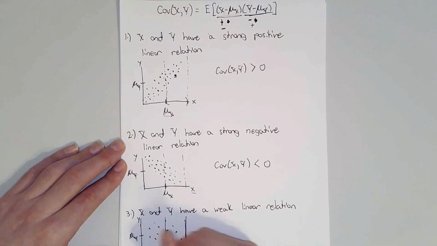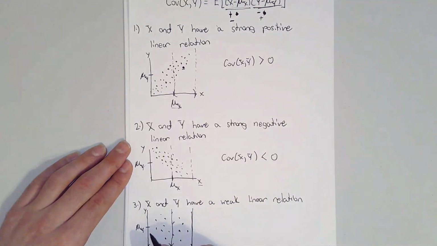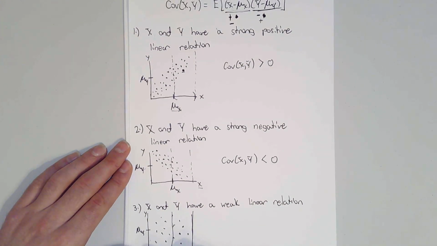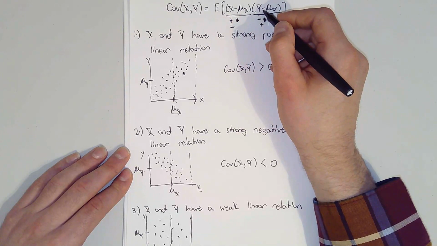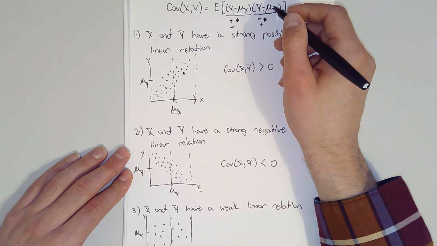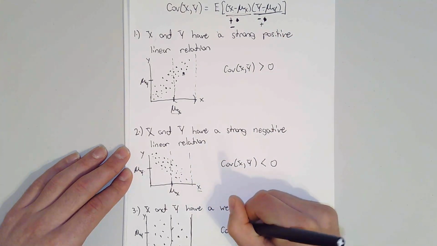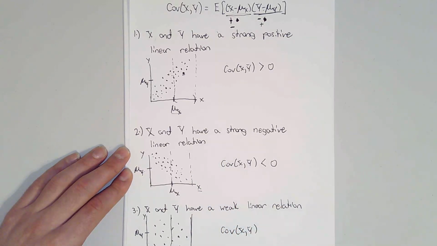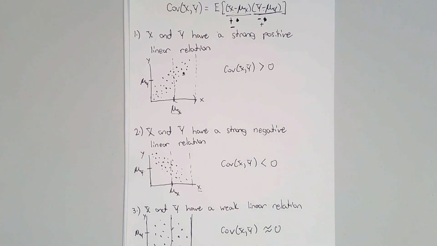Similarly, if we talk about points in which the corresponding x value is less than mu sub x, again, the y-coordinate is just as likely to be above mu sub y as it is to be below mu sub y. In other words, if we take the average of these products, this product is just as likely to be positive as it is to be negative. Therefore, in such a case, the covariance of x and y we can expect to be approximately 0.